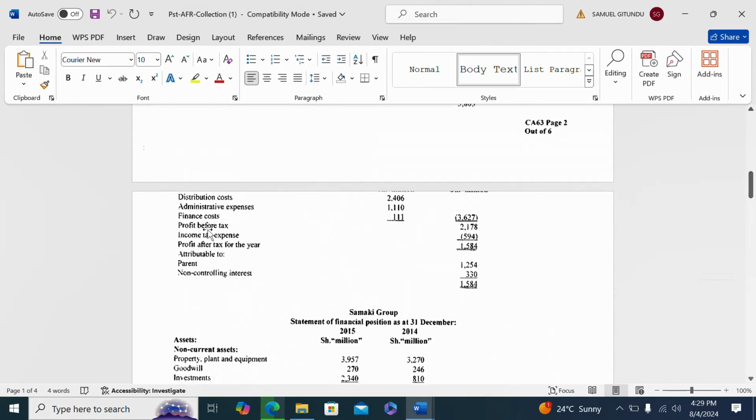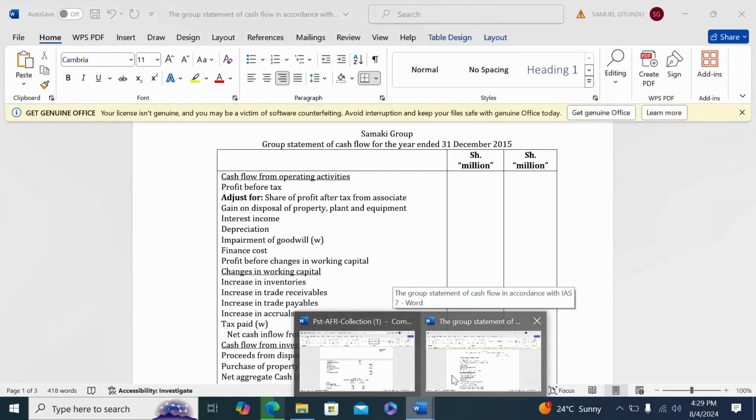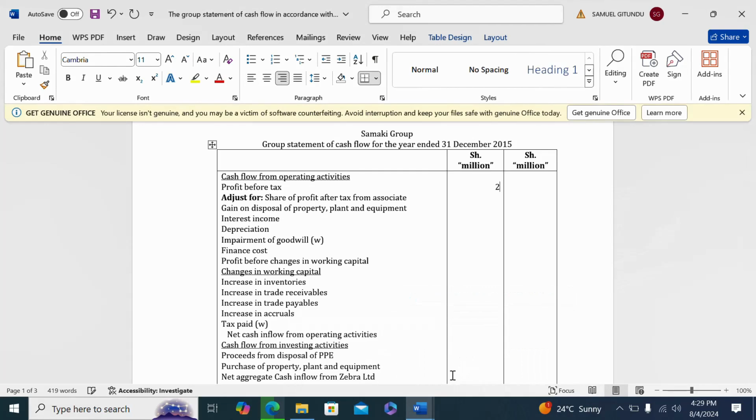The profit before tax was 2178 million. Then we adjust for non-cash items and those items which are not operational in nature.